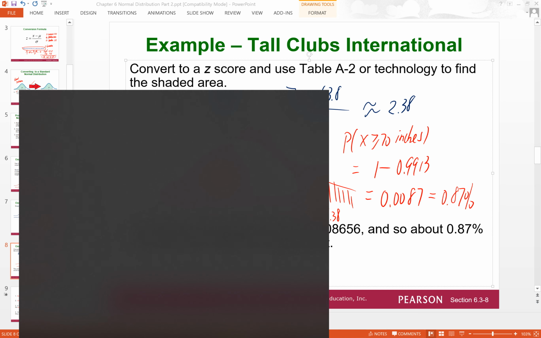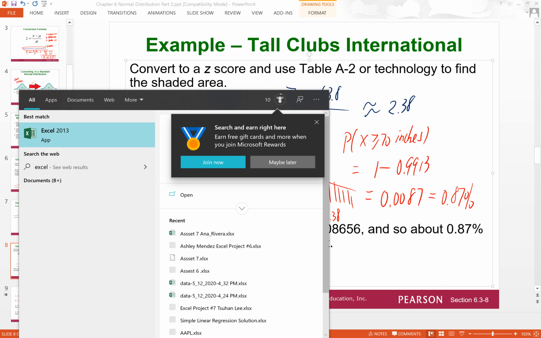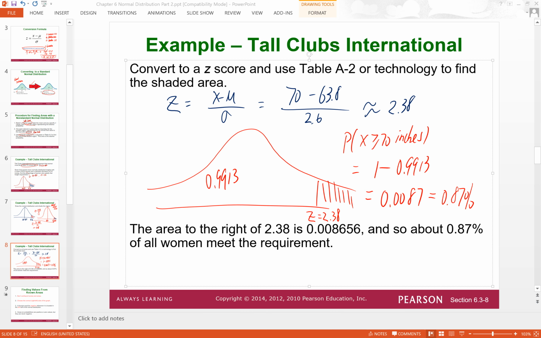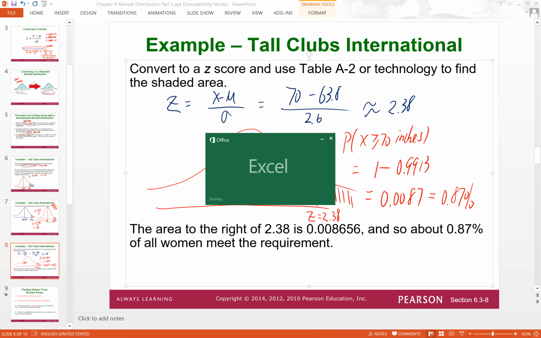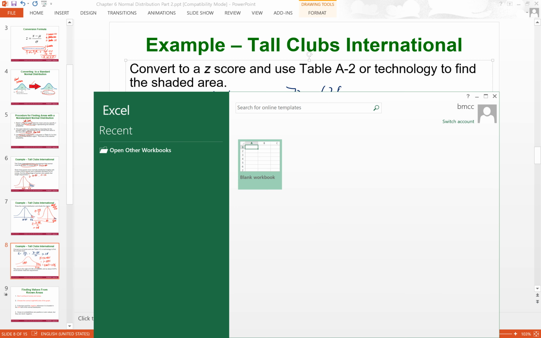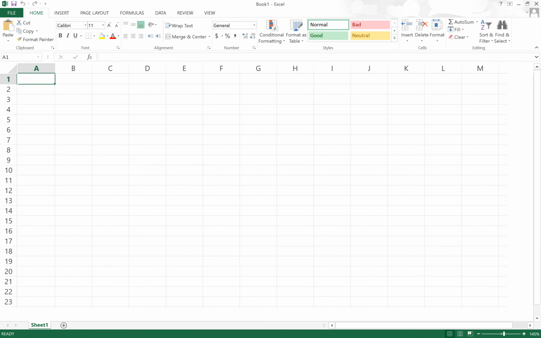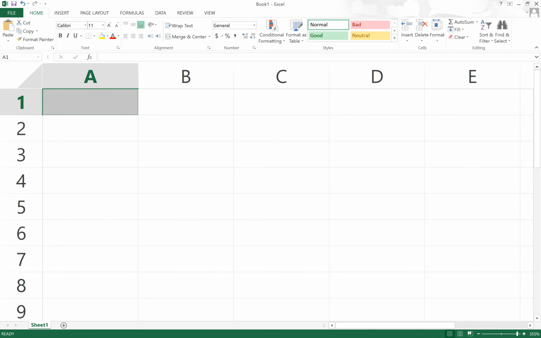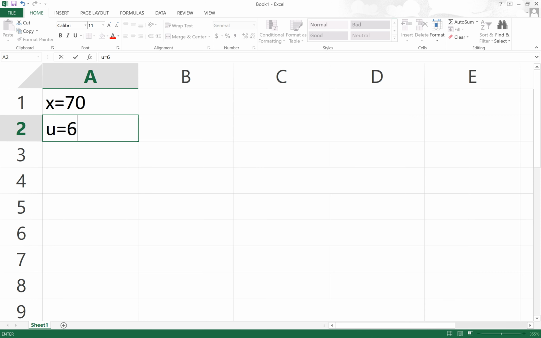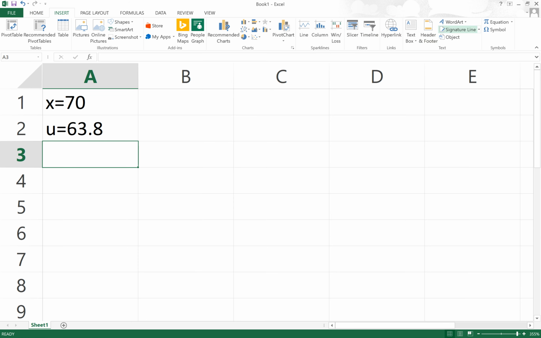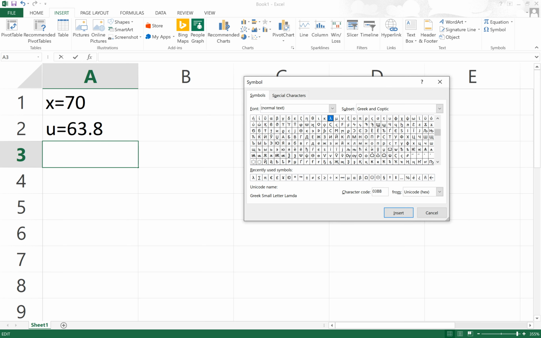You open Excel. So here we know x equals 70, mu equals 63.8, and standard deviation sigma equals 2.6.